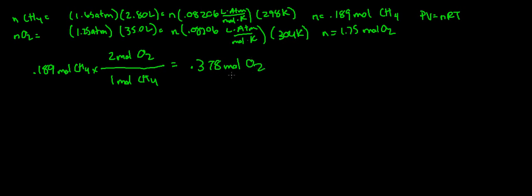This is how much oxygen would be required to completely react all of this CH4. I have 1.75 moles of oxygen, which is way in excess. It was very obvious from the beginning. So oxygen is going to be in excess. CH4 is going to be the limiting reactant.